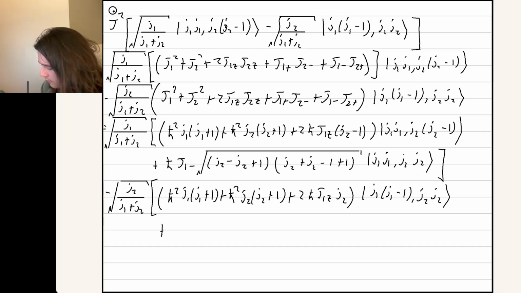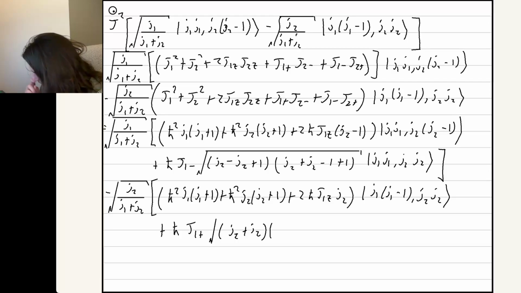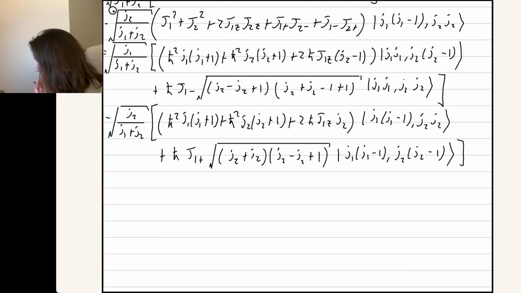So you're going to have plus h bar times j1 plus acting on this square root. It's a j2 minus, so this is going to be j2 plus j2, and then j2 minus j2 plus 1. Right, and that's acting on. Okay.